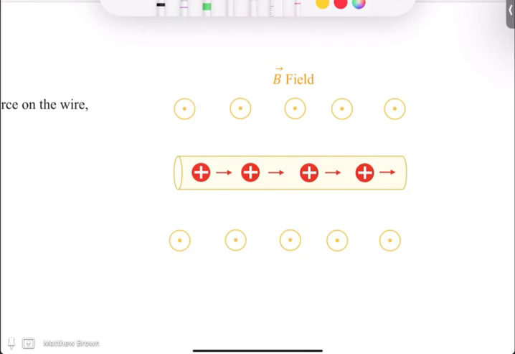That's why all the magnetic field looks the same. This represents a consistent magnetic field coming out of the page, toward us. And we know the wire will produce its own magnetic field, each moving charge will. We're going to look at how those two work together to apply some sort of force to this.